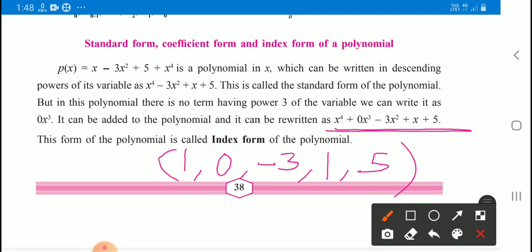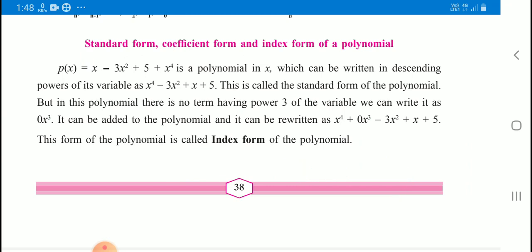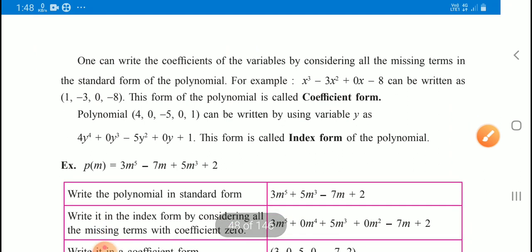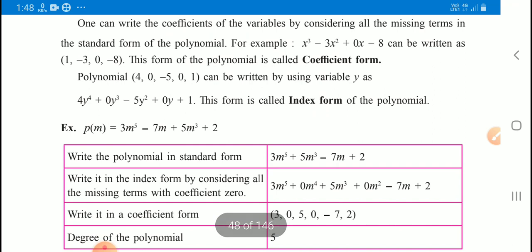Okay. Now, if I want to write any expression in the index form, suppose I take another example. They have given here already. Look here, the coefficient form of this is 1, negative 3, 0, 1, 5. First of all, you have to write the expression in the standard form.